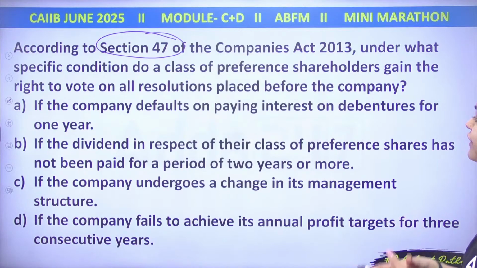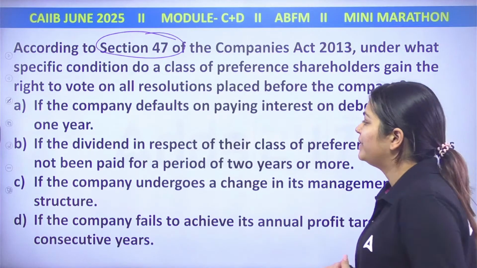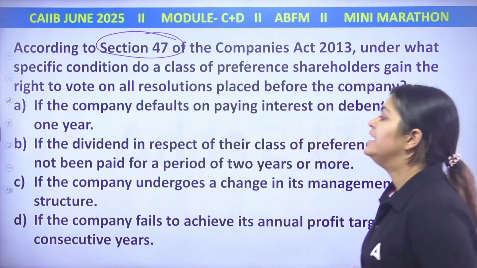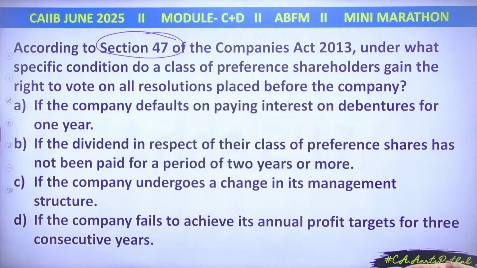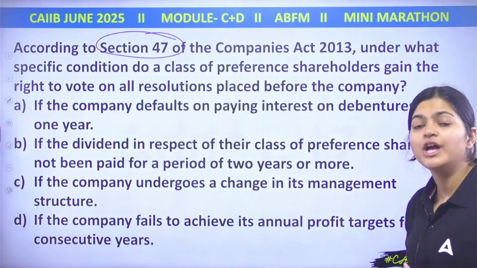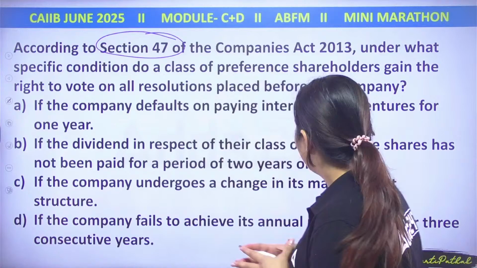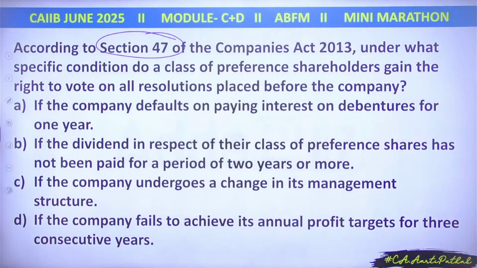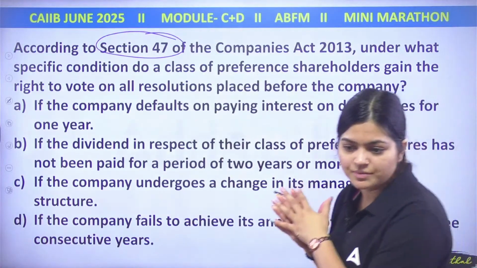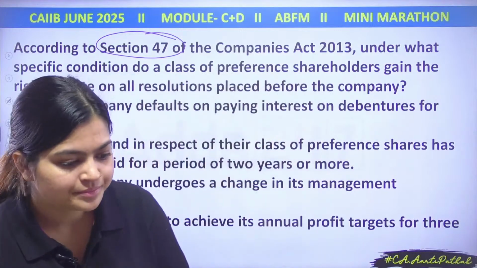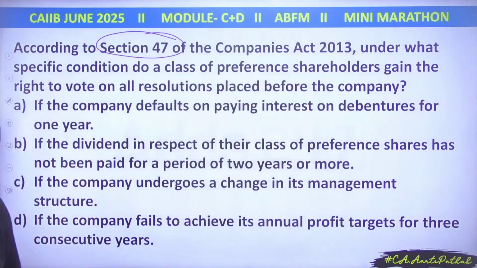B, if the dividend in respect of their class of preference shares has not been paid for a period of 2 years or more. C, if the company undergoes a change in its management structure. Or D, if the company fails to achieve its annual profit targets for 3 consecutive years. Now please tell me, what do you think is the correct answer?